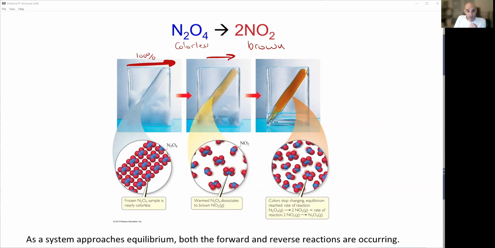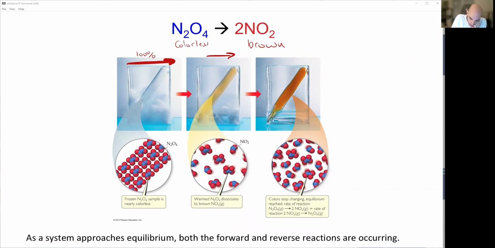Now we know the reaction slows down a little bit, because kinetics says that after you get this massive reaction, things always start to slow down as the reactant is used up. The forward reaction is still occurring, still producing the brown NO2, but a little bit of reverse reaction is occurring as well.